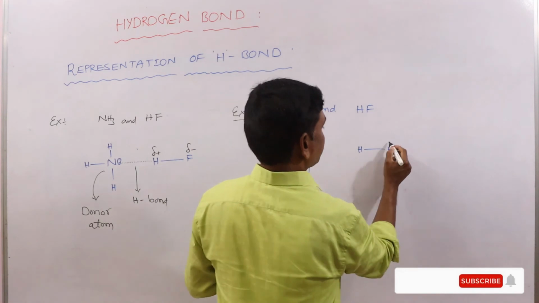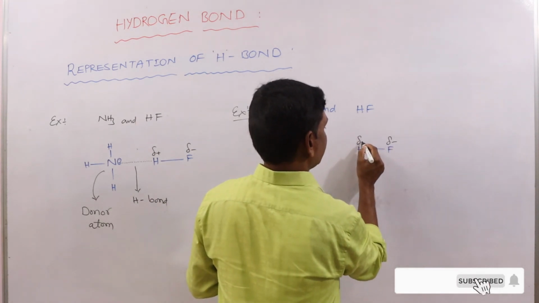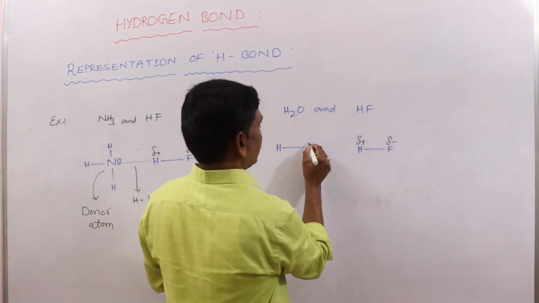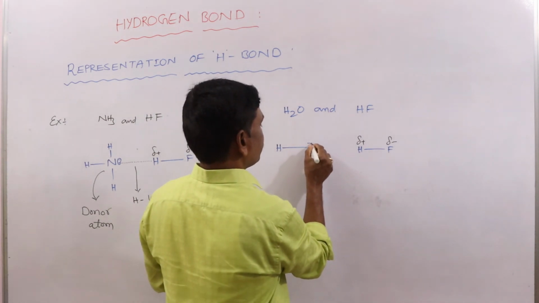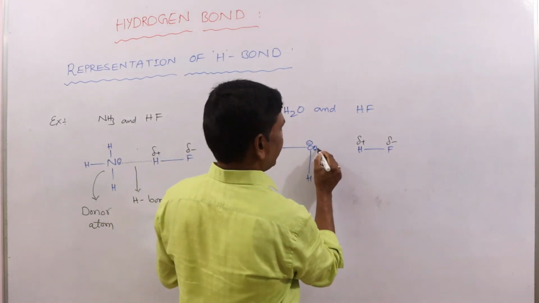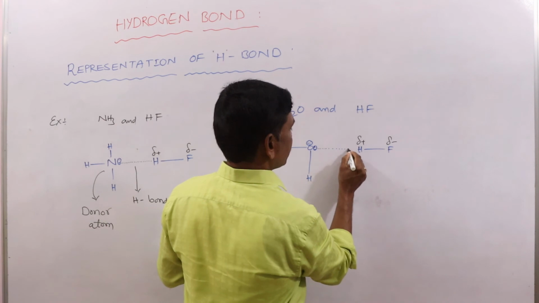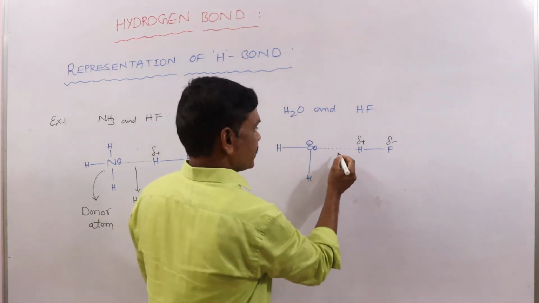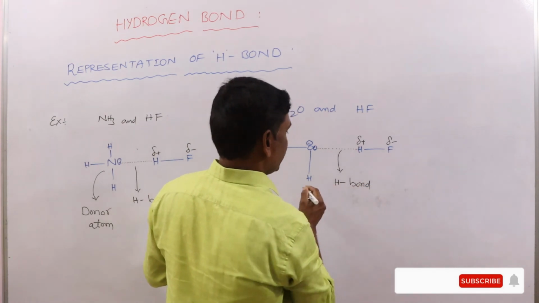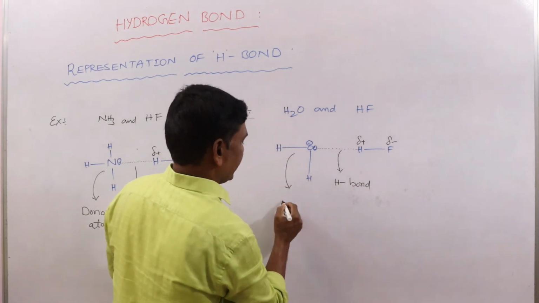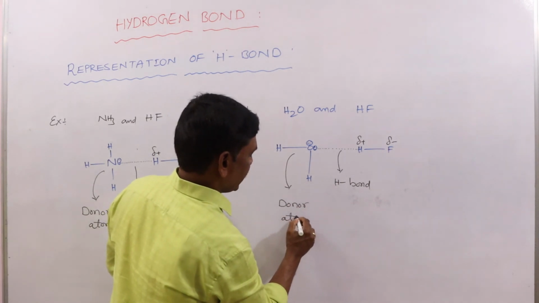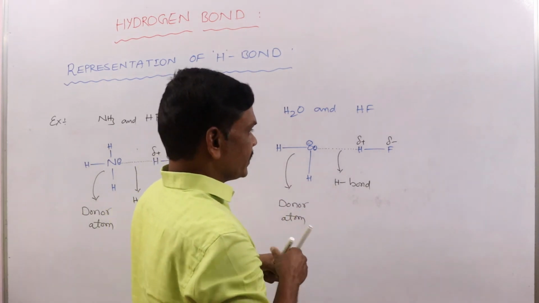Same thing: fluorine acquires a partial negative charge and hydrogen a partial positive charge. On the oxygen in the water molecule we have a pair of electrons, and between it and the partially positively charged hydrogen, a hydrogen bond is formed. This water molecule acts as the donor atom. This is the representation.